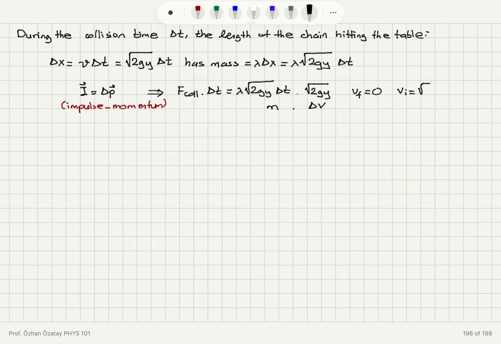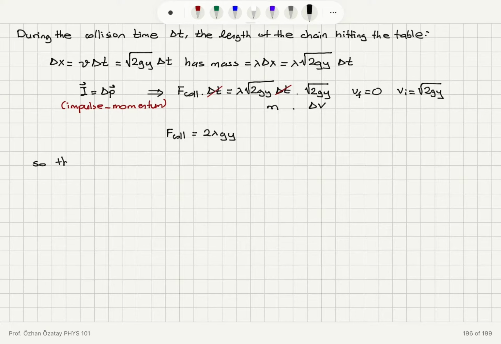The initial velocity is square root 2gy, because it has fallen down a distance y to gain its kinetic energy. So you can see that these delta t's will cancel, and the force of collision is 2 lambda gy.